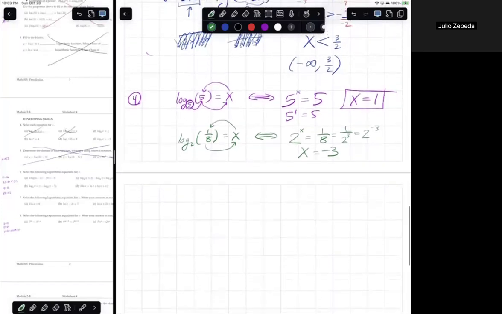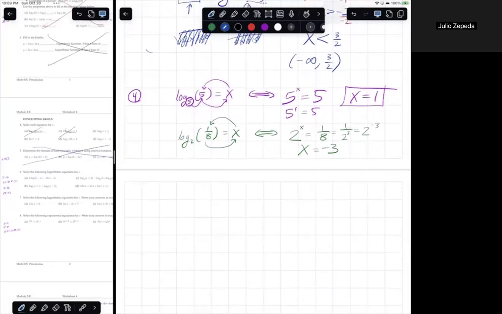And then finally, let's take a look at one with a natural log. The natural log of e raised to the 2x is equal to 12.